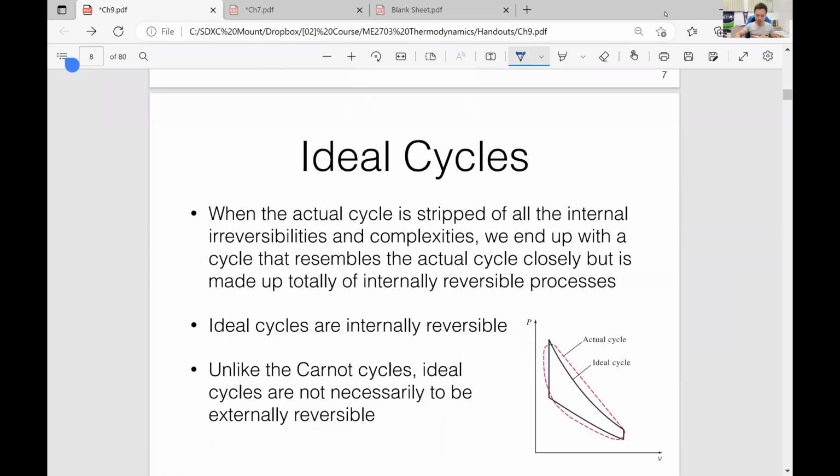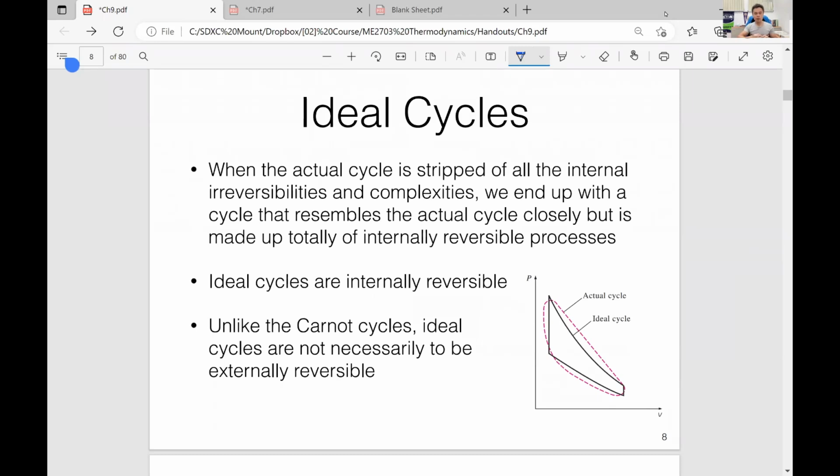Ideal cycles: when the actual cycle is stripped of all internal irreversibilities and complexities, we end up with a cycle that resembles the actual cycle closely, but is made up totally of internally reversible processes. Like this, on a PV diagram, the actual cycle is the pink dashed line.